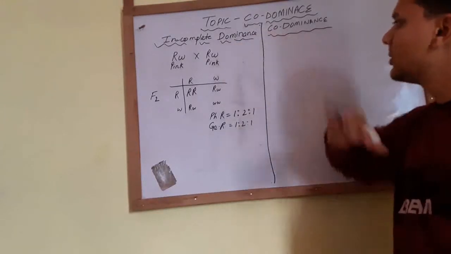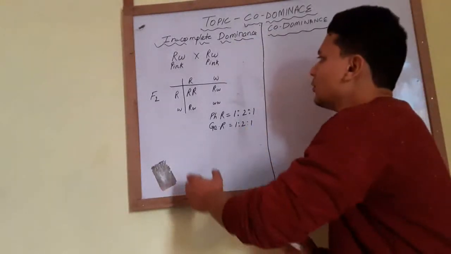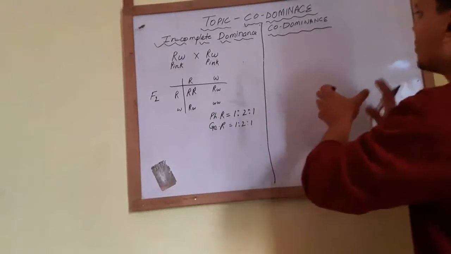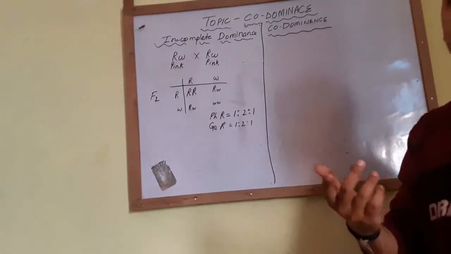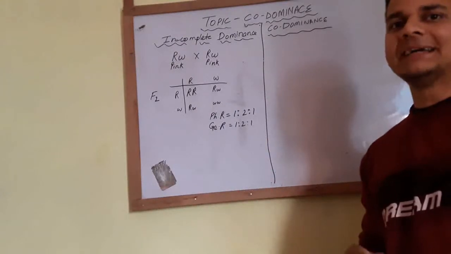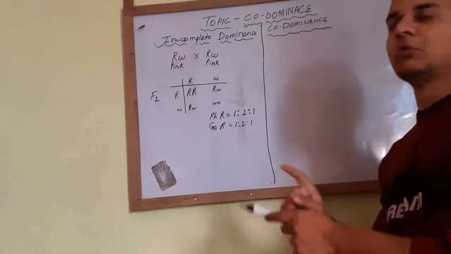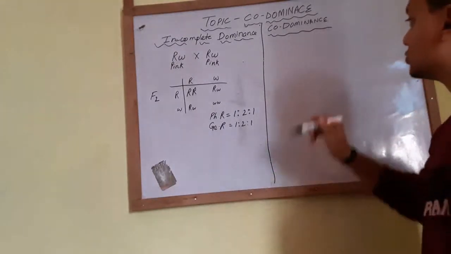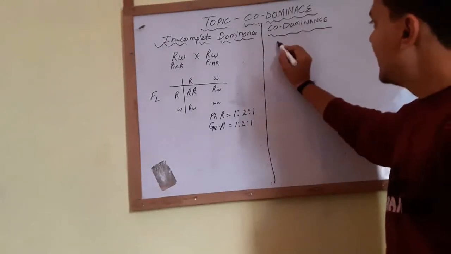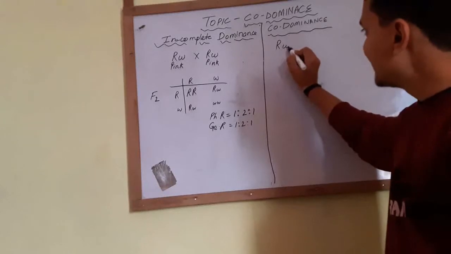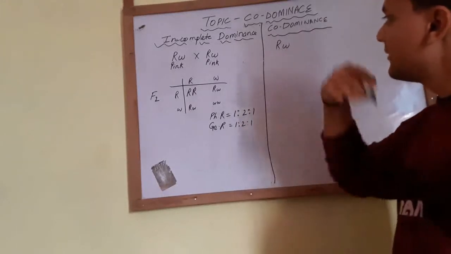This is the case of incomplete dominance. So let's see what will happen in the case of codominance, right? And then we will get a conclusion by comparison of both the cases, right? So when we talk about codominance, again both are heterozygous organisms but with different characters.